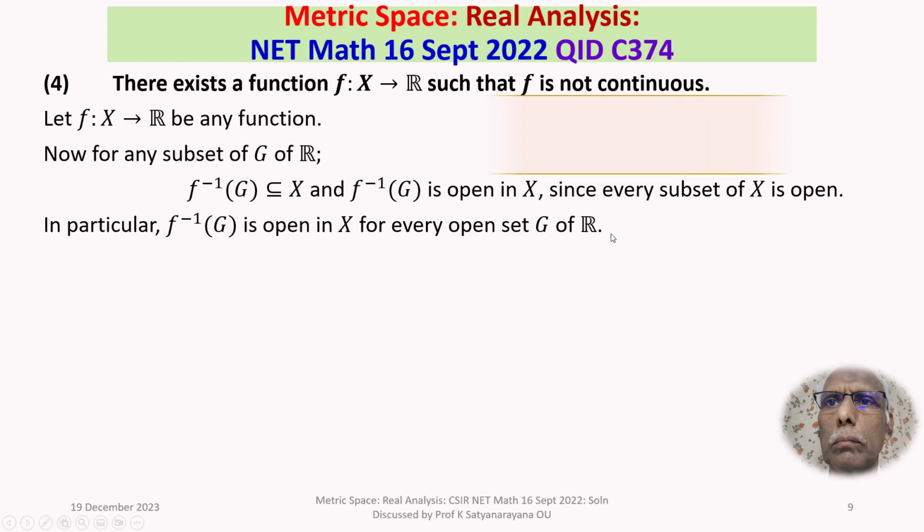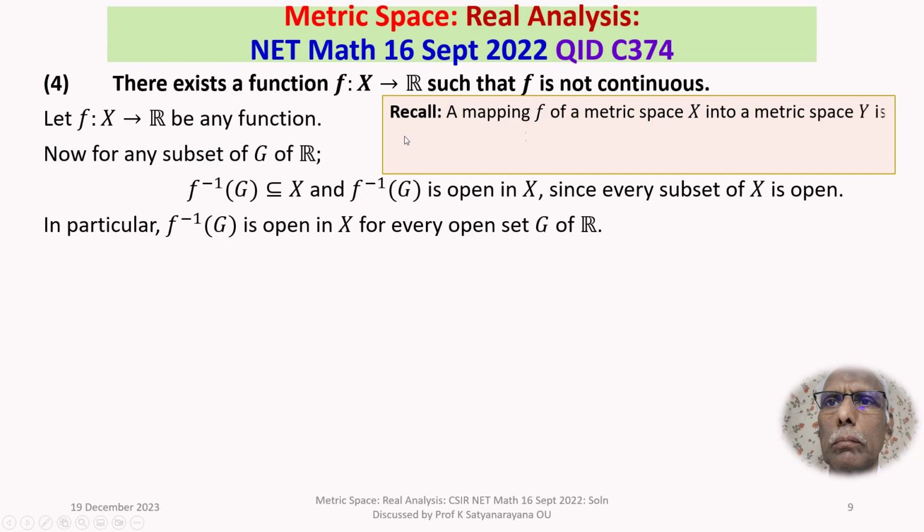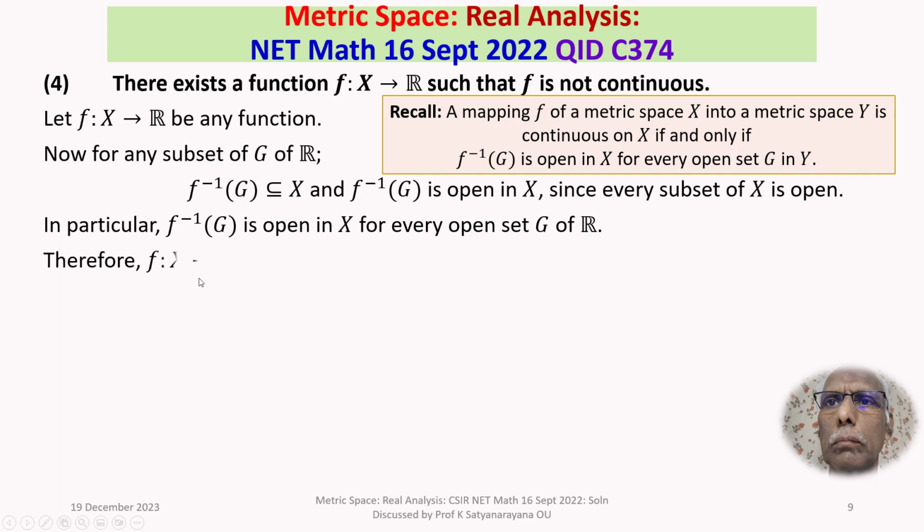Let's now recall one of the most famous theorems on continuity in metric spaces. A mapping f of a metric space X into a metric space Y is continuous on X if and only if f inverse of G is open in X for every open set G in Y. So by this theorem, f, the function from X to R, is continuous, and f is any function.